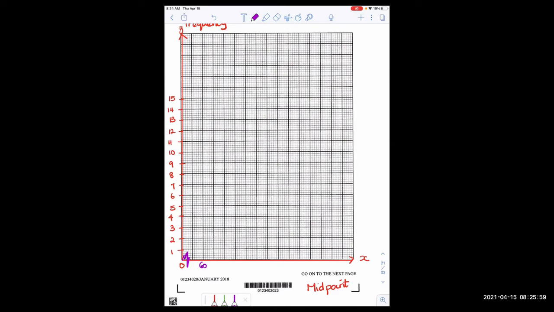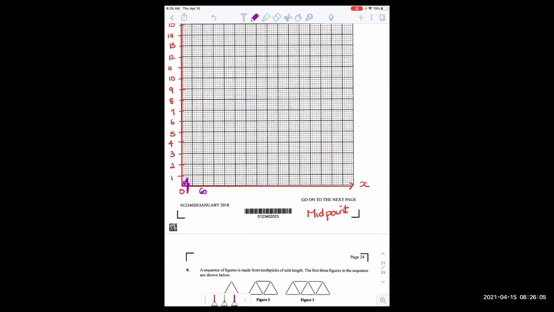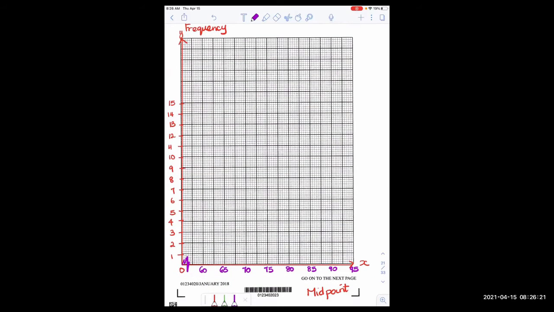And we are going all the way up to the highest value, which is 87, right? So we count in 5s, and 2 cm represents 5 units. So as soon as you all have your axes labeled correctly, we will move on.